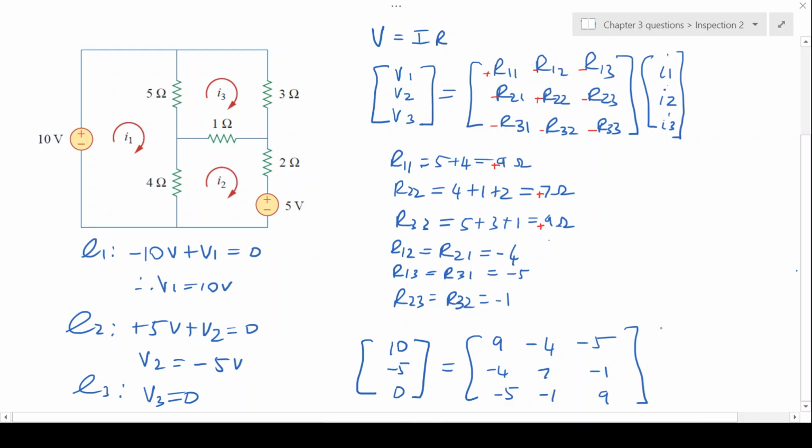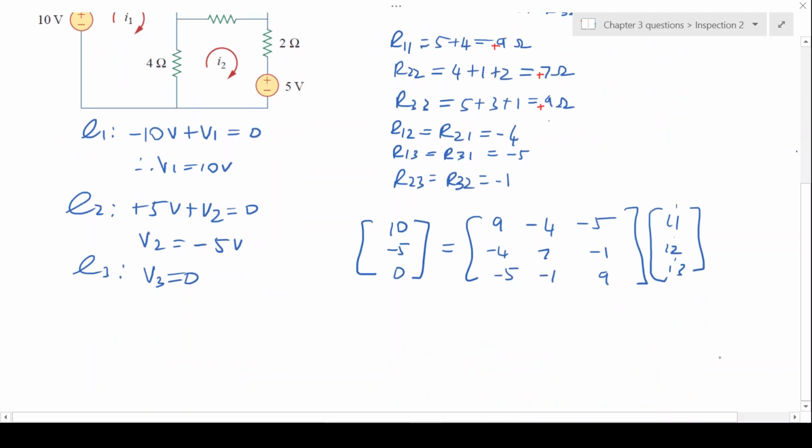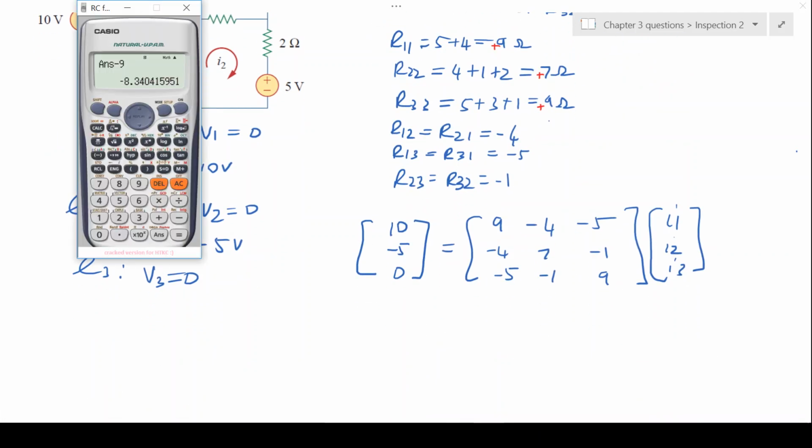Right, and then we multiply this by the currents I1, I2, and I3. And that's the expression which we can then solve using our calculator. So we've got there 3 equations with 3 unknowns. We're going to use option 2. So the first coefficients are 9, -4, -5, and 10.